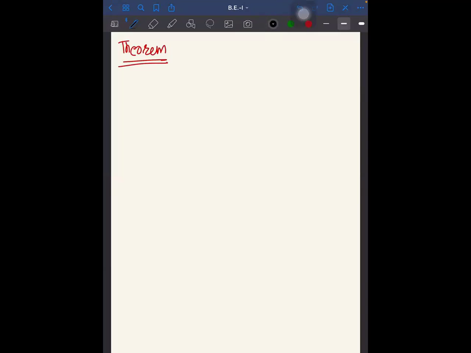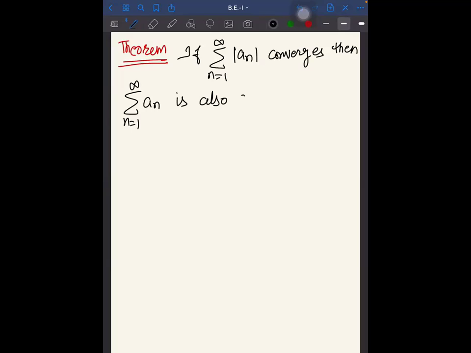Our theorem says that if summation n runs from 1 to infinity |a_n| converges, then summation n runs from 1 to infinity a_n is also convergent.